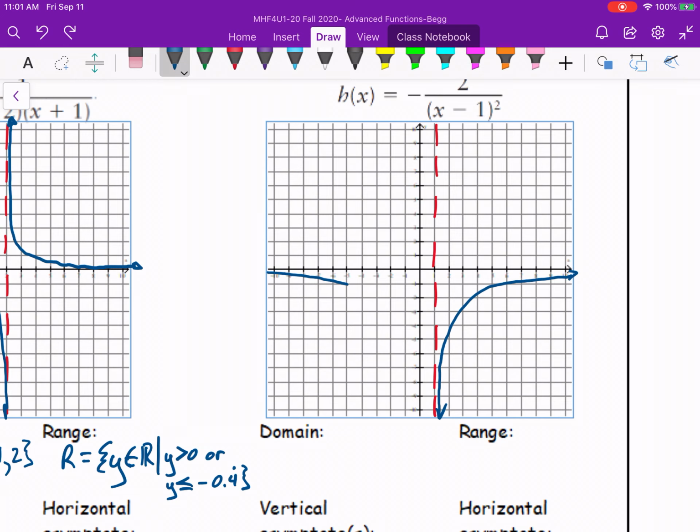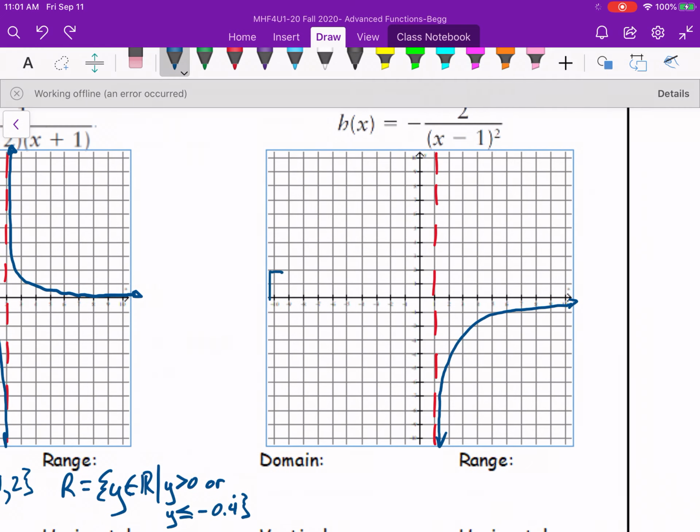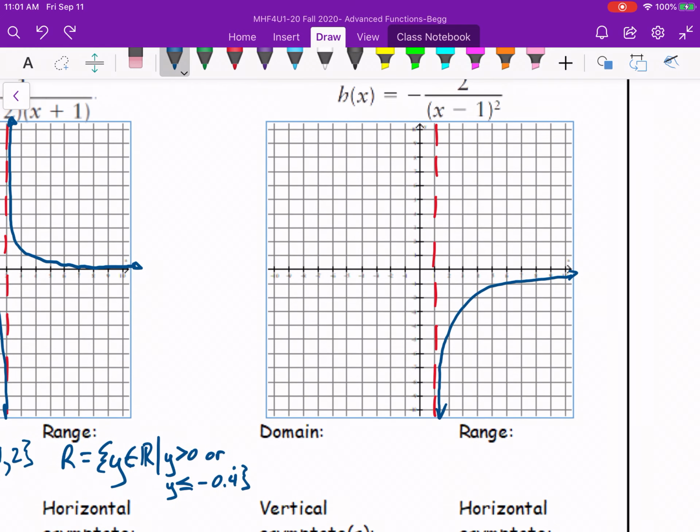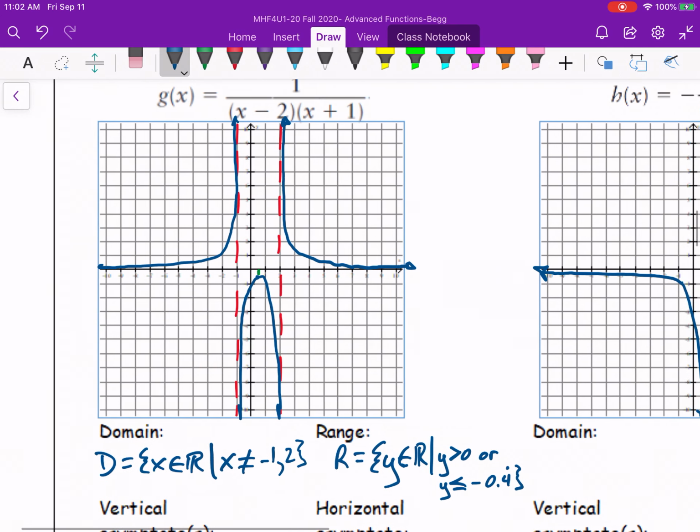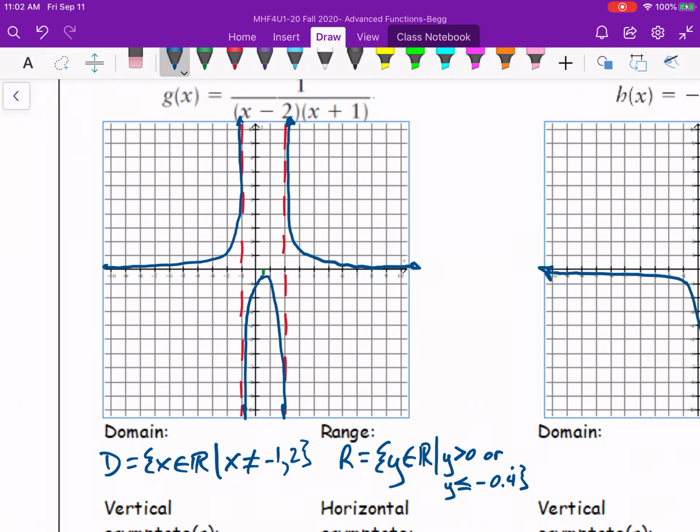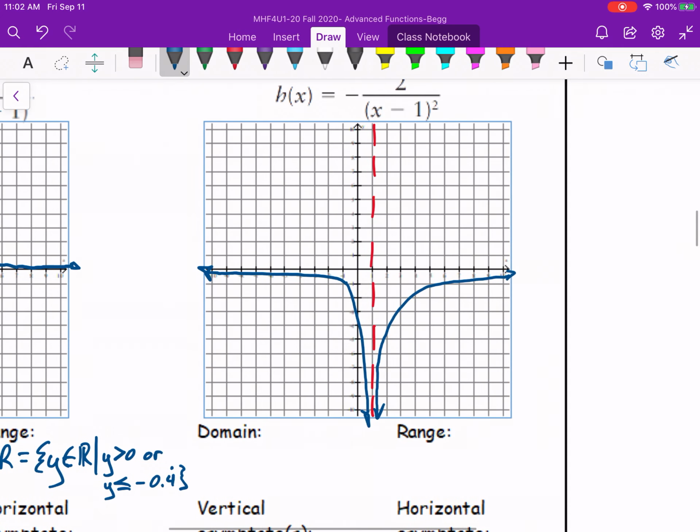Sorry, shouldn't draw and talk at the same time. So it's going to look like this. Again, it's a rough sketch, but you get the idea. So 1 vertical asymptote, 2 chunks to the graph. 2 vertical asymptotes, 3 chunks to the graph.